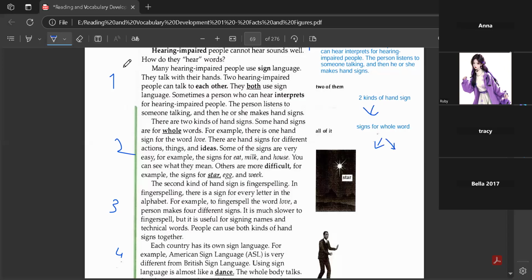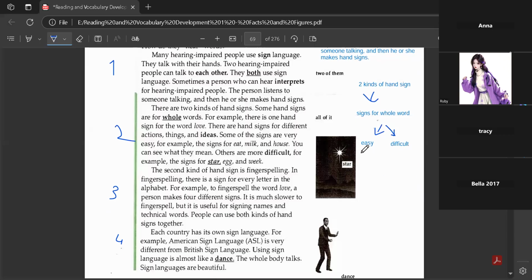There are two kinds of signs for whole words: one is easy and one is difficult. And then they just give us examples.